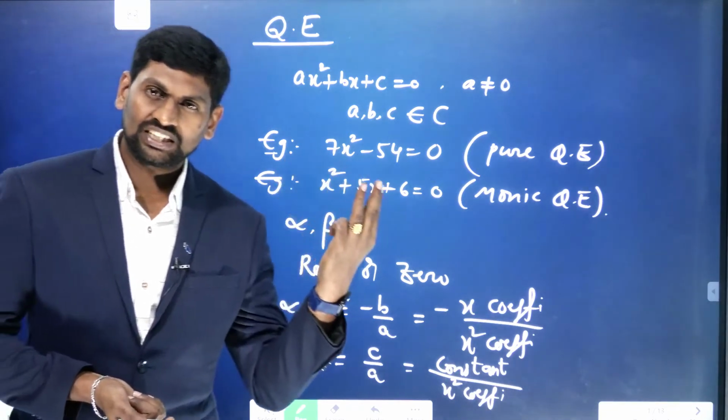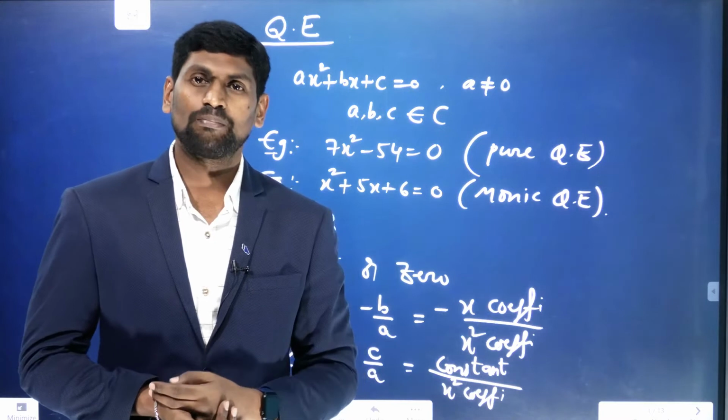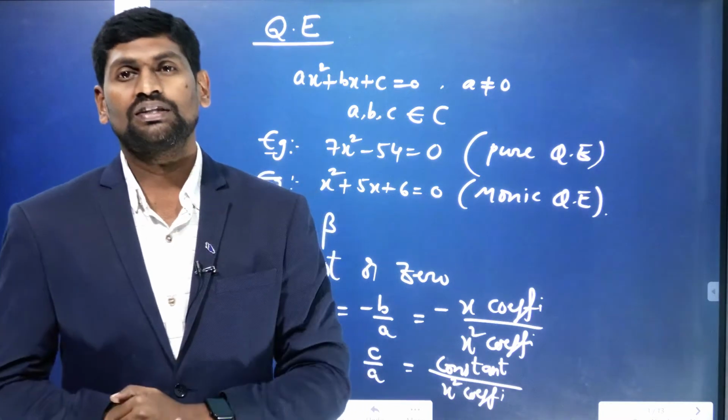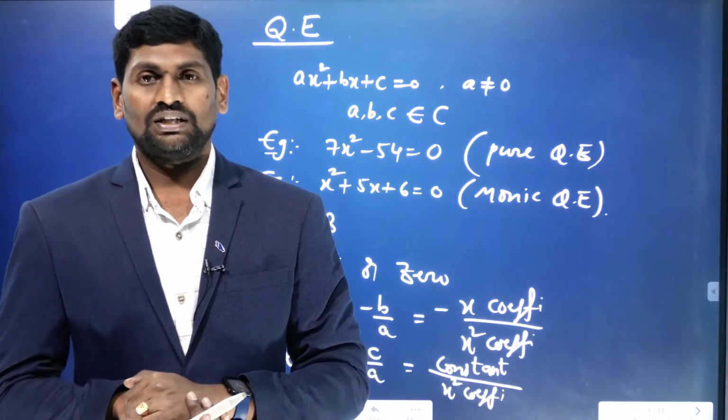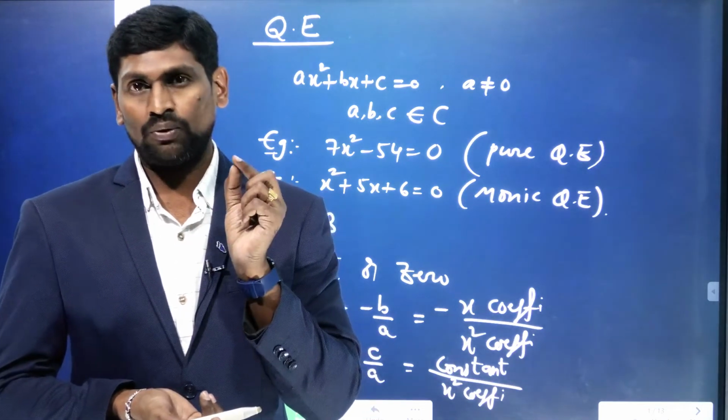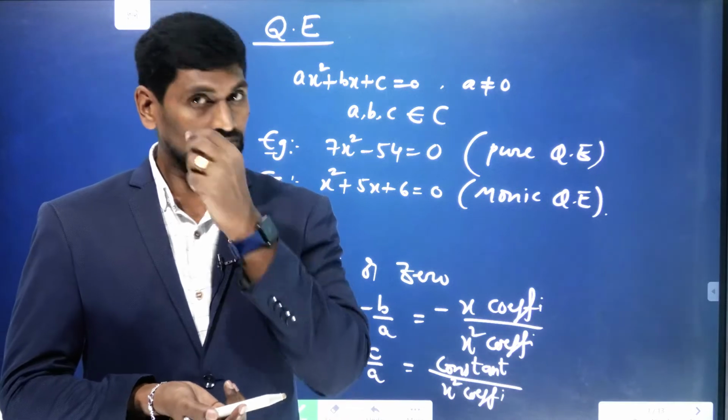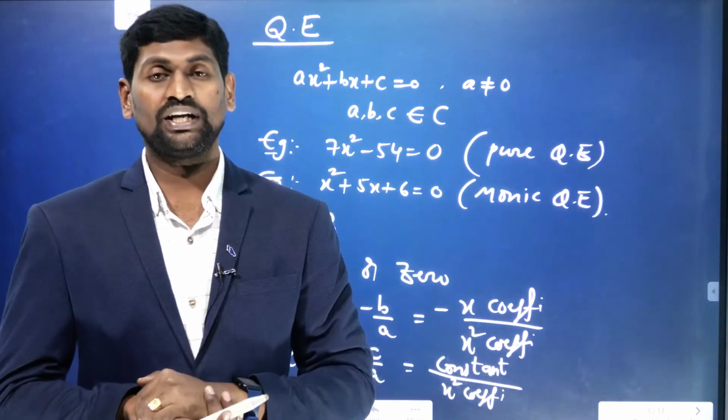Cubic means degree 3, so 3 roots. Biquadratic means degree 4, that means 4 roots. Clear?